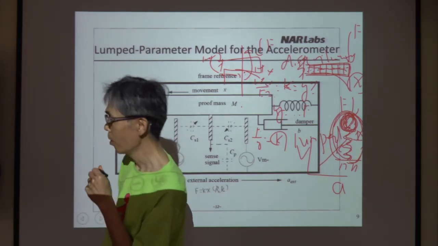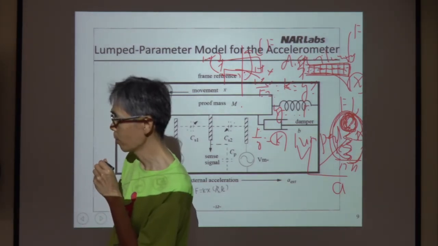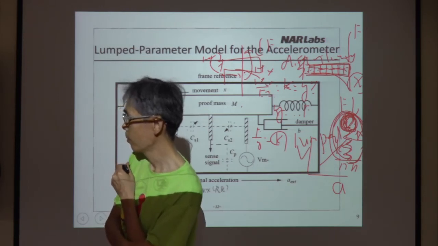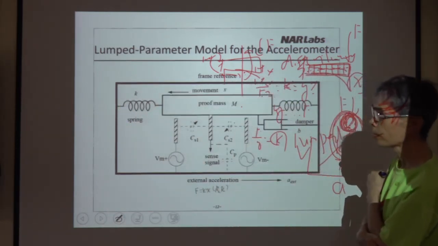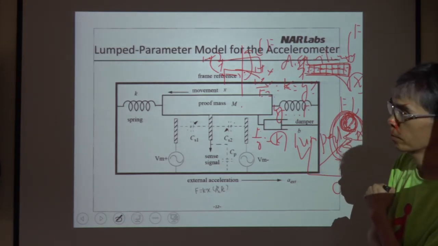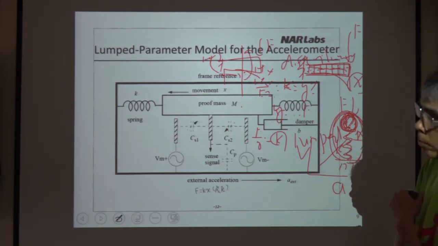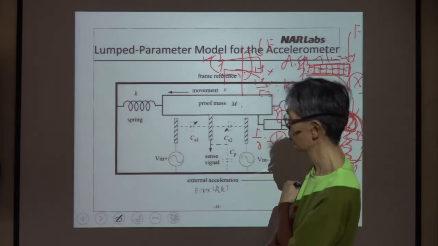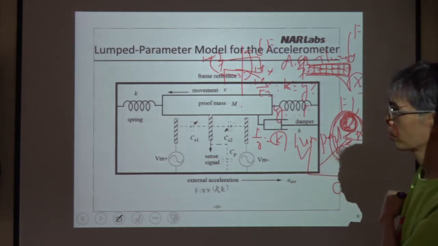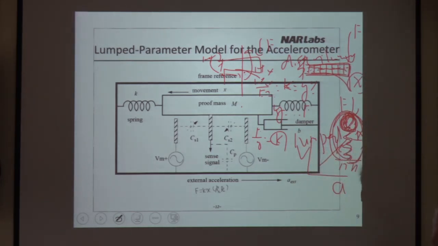So what is lumped parameter model? Lumped parameter model is we use only one element to represent all of the elements of the field. So, and to build another model and put that point into that model.